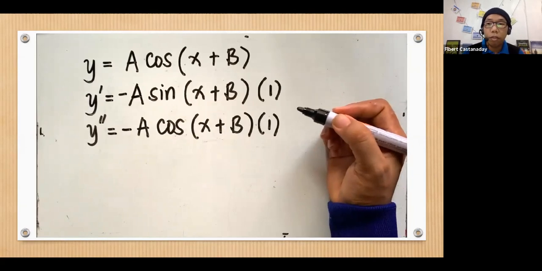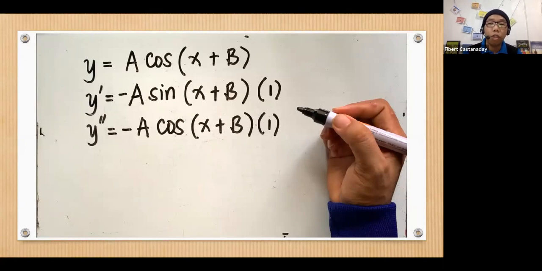Now, you stop here. You stop differentiating. Now you observe the resulting equation. Still, there are arbitrary constants. So what must you do? Again, the final answer or the differential equation should not contain arbitrary constants.